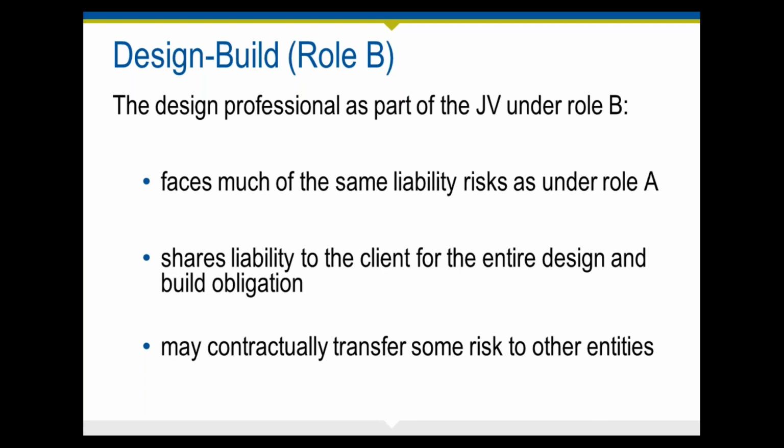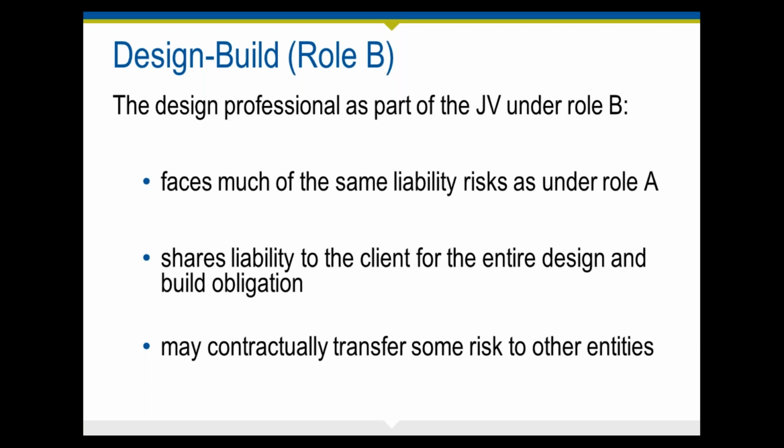However, as I said before, not all of the enhanced risks associated with Roles A and B may be transferred entirely to the contractor or its insurance. So that is certainly something to consider. We certainly see more joint venture activity by design firms than we do design firms taking on the role of prime in a design build project.